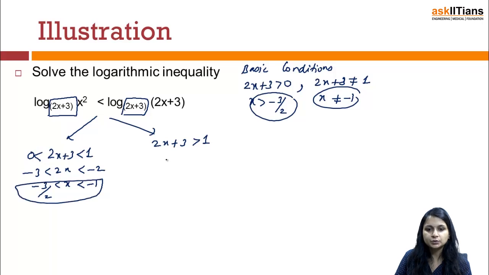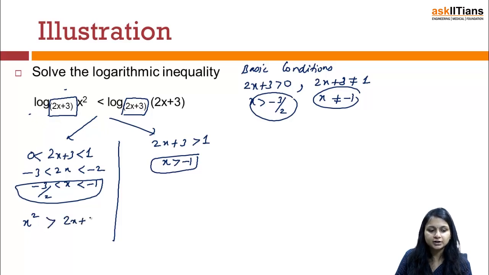And here it would mean x will be greater than minus 1. Now when x is lying between, the sign of inequality will change. When I'm cancelling, I cannot cancel log of 2x plus 3 as it is; I will cancel only after understanding the base. So x square, I'll change the sign of inequality: greater than 2x plus 3. And here x square would remain less than 2x plus 3. So I have to solve these in two cases.